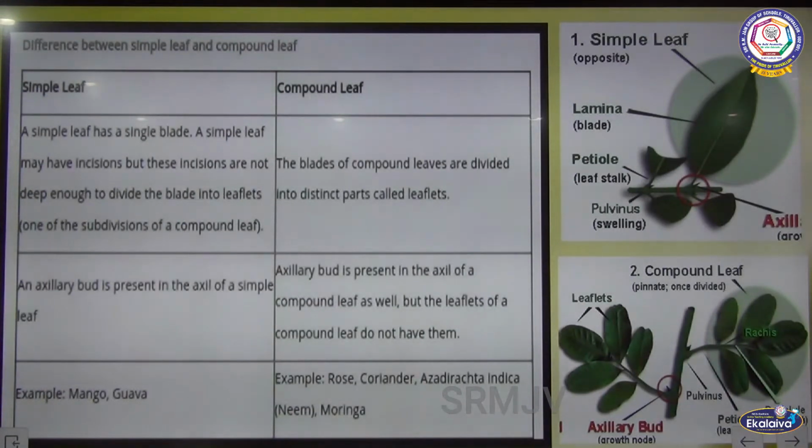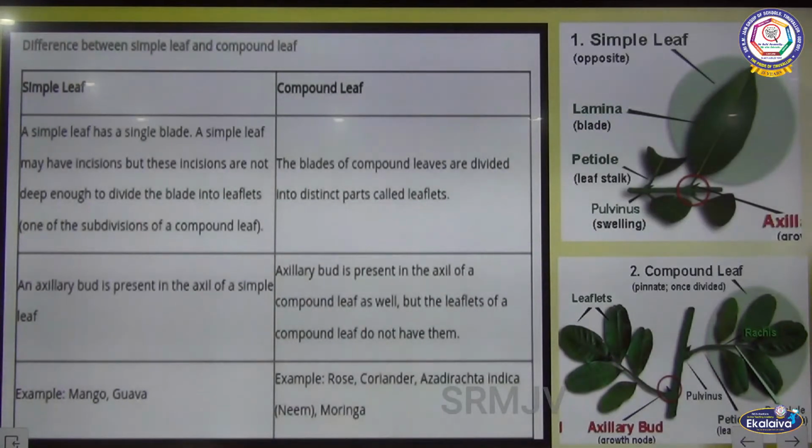And you will find an axillary bud which is present in the axil of a simple leaf. You can see the red circle, that is the axillary bud from which the simple leaf arises. In the below picture you can see that the blades of the compound leaves are divided into distinct parts, which you call leaflets.